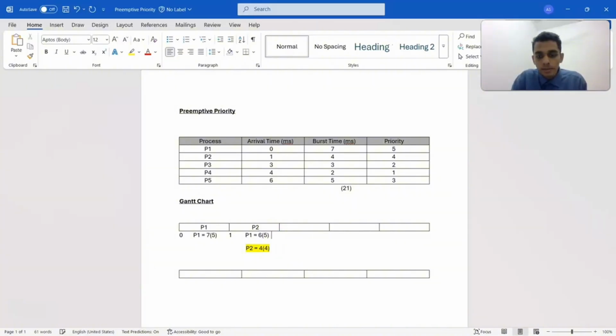The next time the process will stop is at 3 milliseconds because process 3 arrives. So we'll stop at 3 milliseconds. And now we'll update our ready queue. P1 will be the same as it hasn't run.